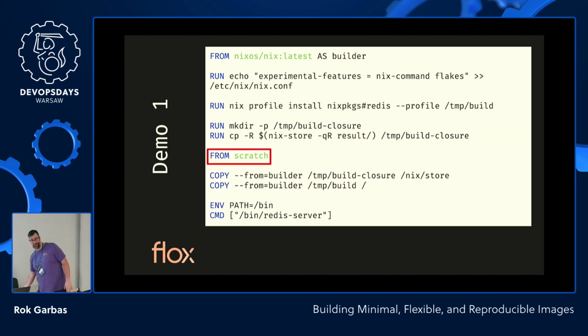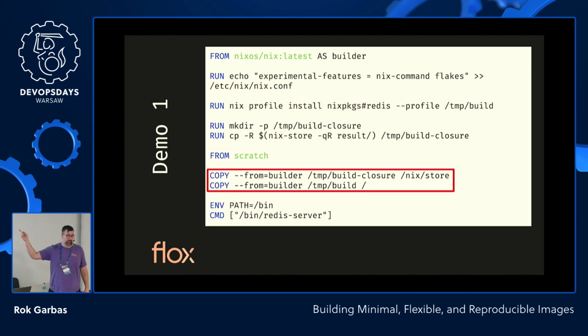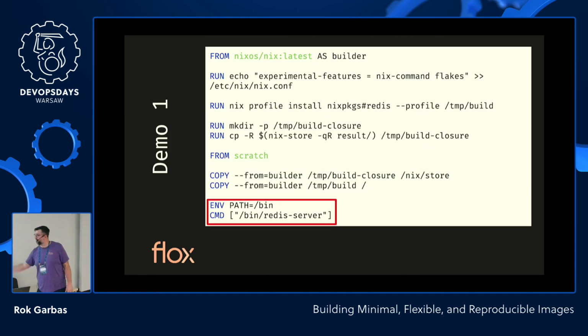And then comes what you're used to. Now we don't build upon any other image, because we have all the runtime dependencies. Hence, we can use it from scratch, so no layers to build from. Then we copy it. There are 2 things that we copy from, and in this case we set a command. What did we just do?